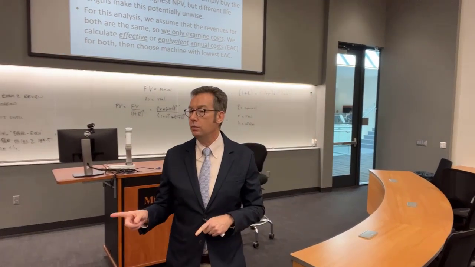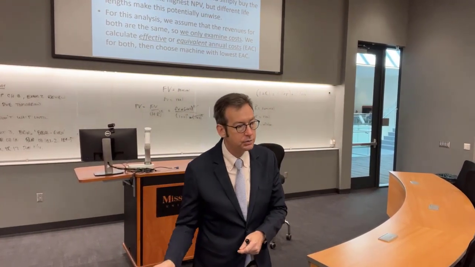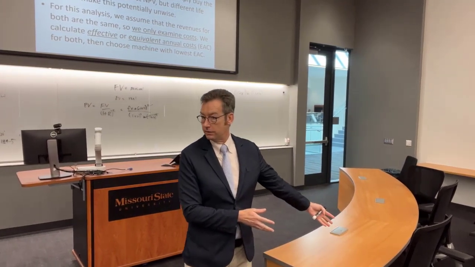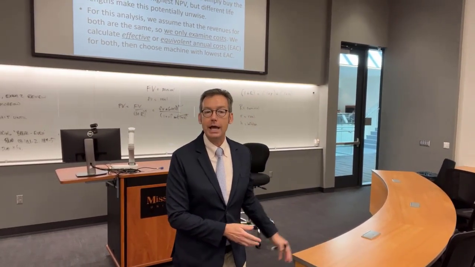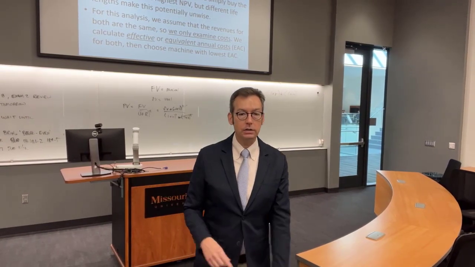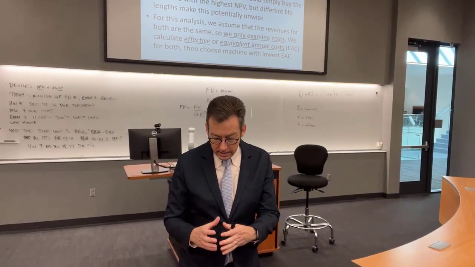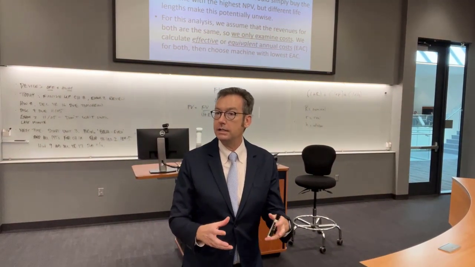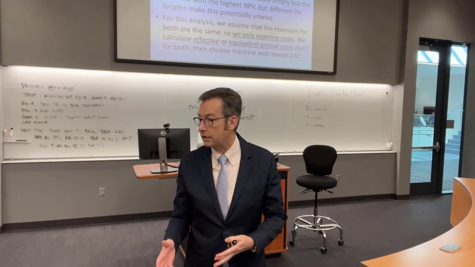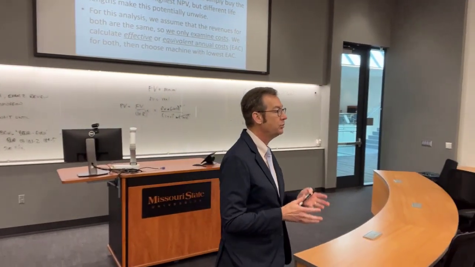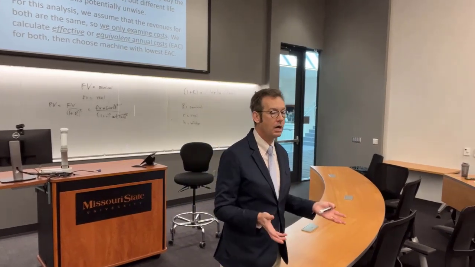So step 2 would be to take those present values and blow them back out to the length of the life for each one of these and look at an equivalent annual cost, also called an effective annual cost. If we find an annuity that has the same present value as the machine, the payment that we compute is going to be the effective annual cost.